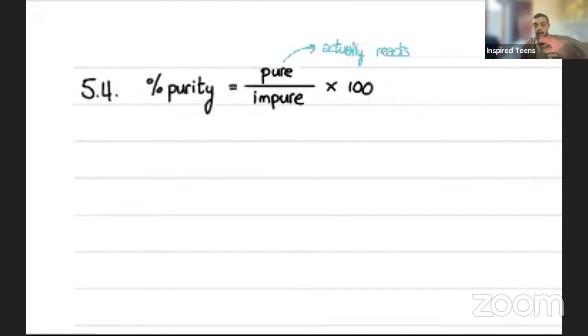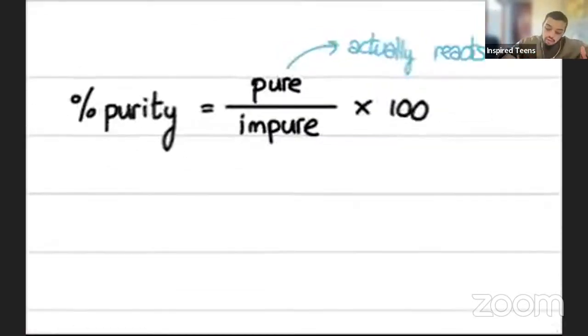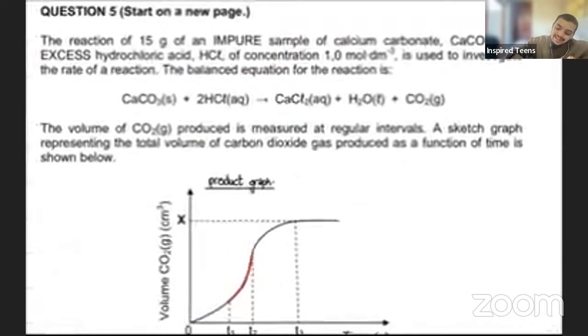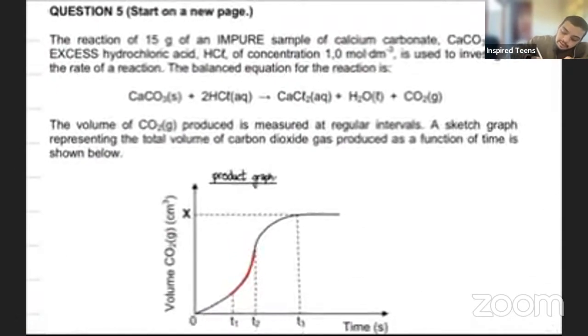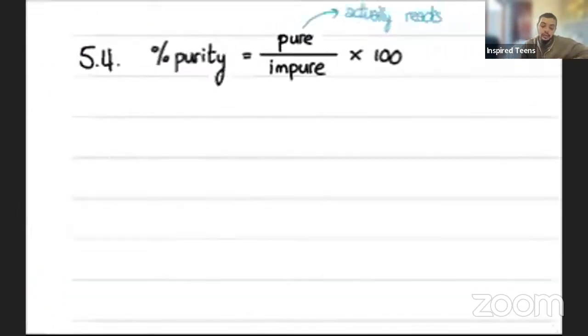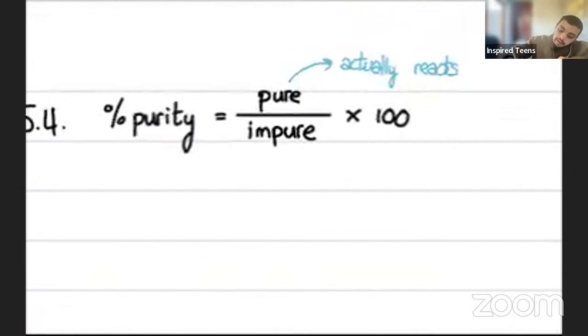So it's what reacts plus, I like to call it dirt, extra, that's not going to take part in the reaction because it's not the pure sample. So what is the sample that's impure? The sample that's impure is 15 grams of calcium carbonate. So this percentage purity is for calcium carbonate.